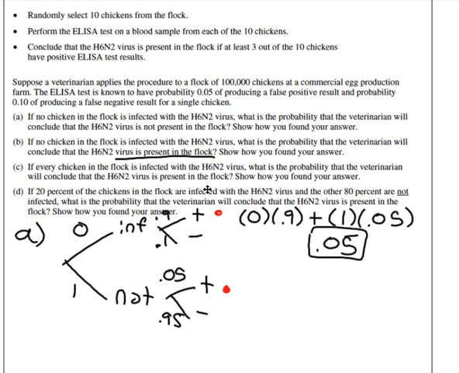So we're counting the number of ones that come back with the virus indicated out of a set number. So this is binomial, right? Binomial, 10 trials and a probability of 0.05 of success, of coming back saying that there is a positive result, right?